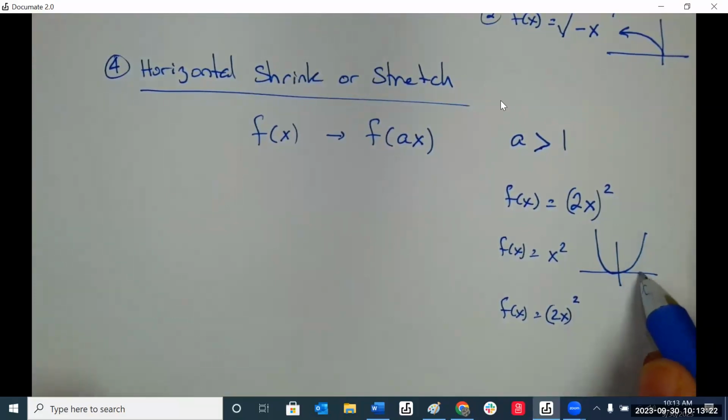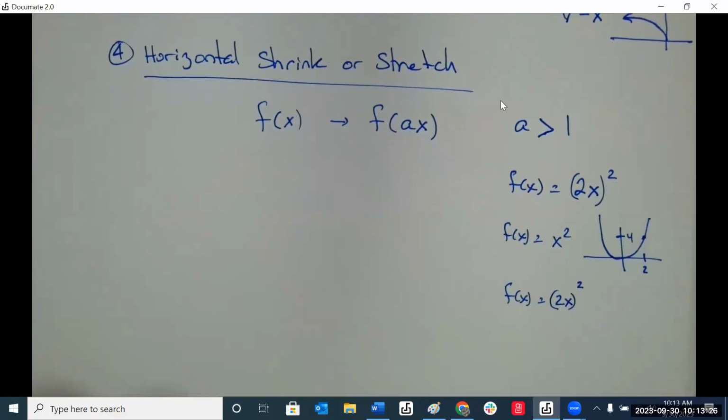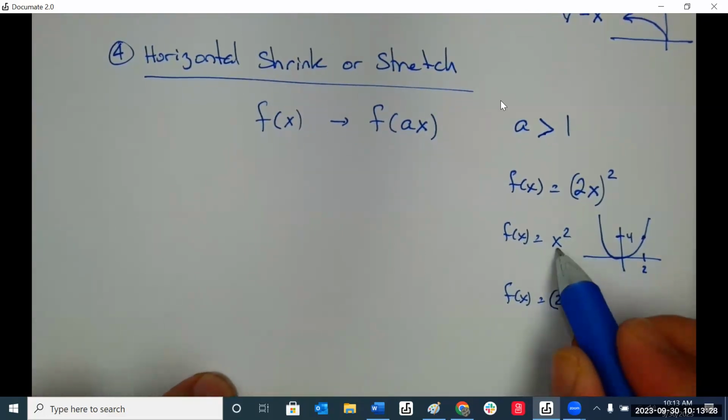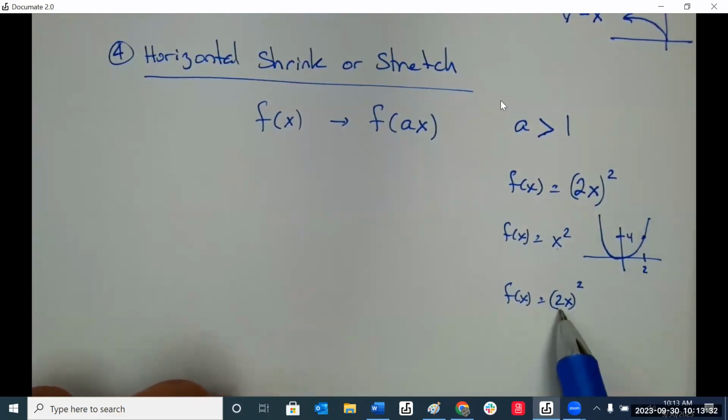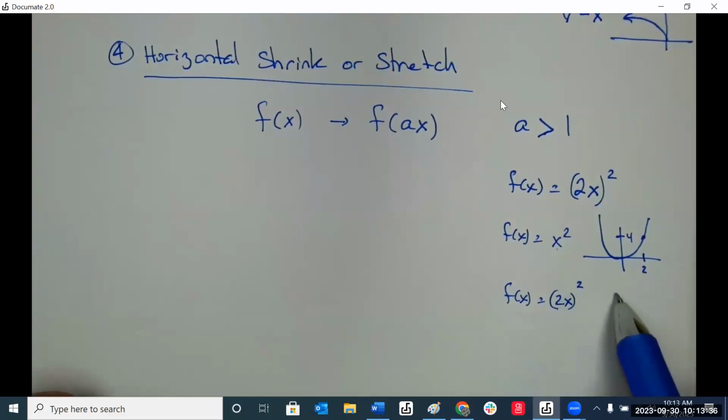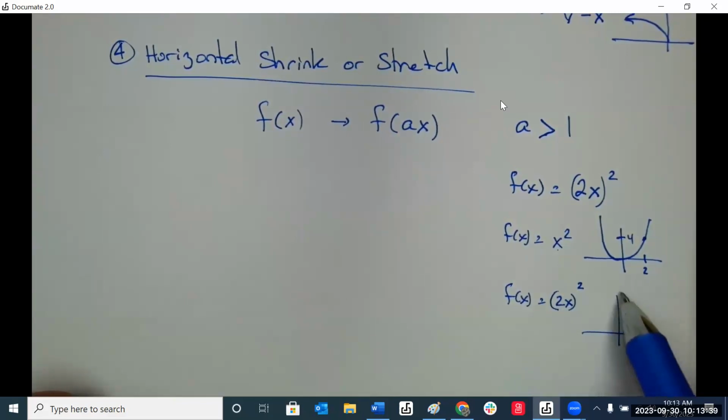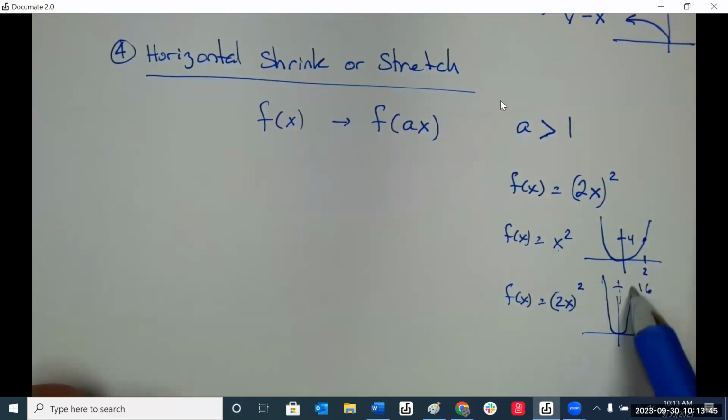So when this x used to be 2 and then it equaled 4, if I put 2 inside there, it equals 4. But now I take 2 and I double it. So I have 4 and I square it. So at 2, it's now at 16. So it makes it skinnier.